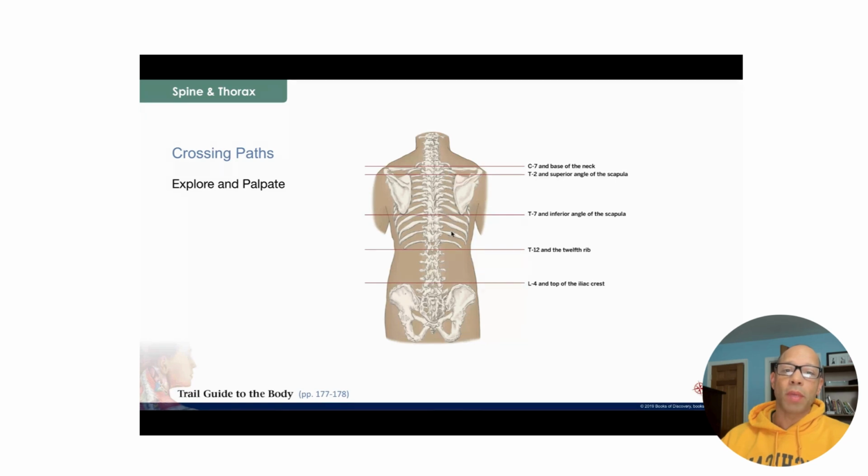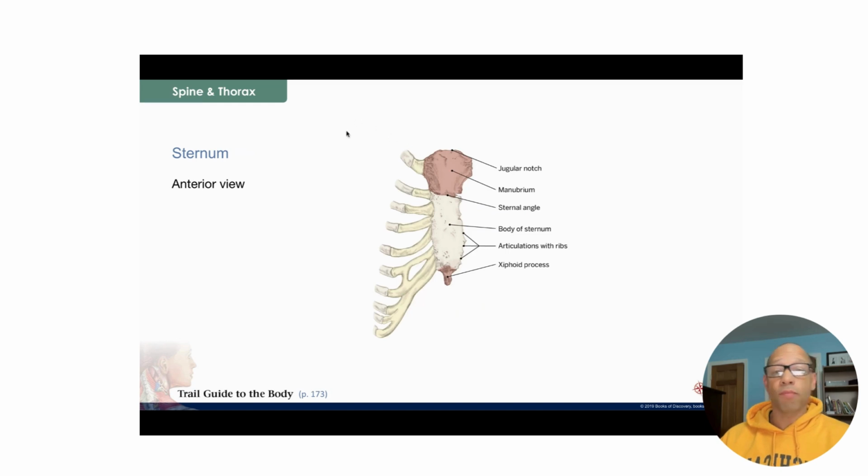So the top 7 would be considered true ribs coming off of this thoracic area. When they come around, these ribs connect directly with the sternum via their own individual costal cartilage. This is costal cartilage right here.